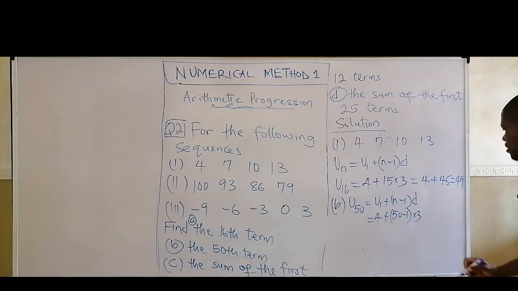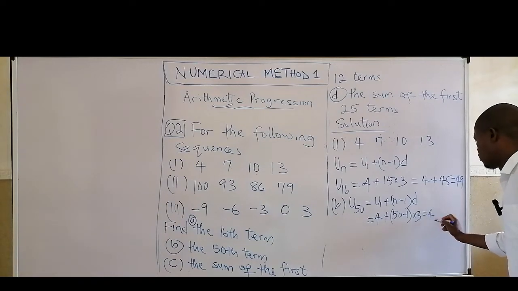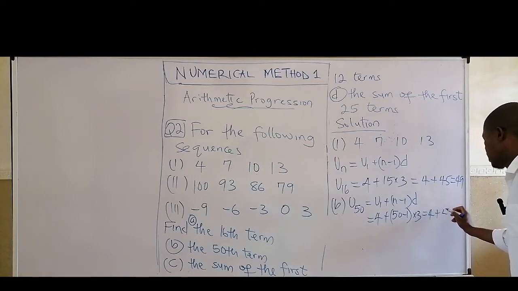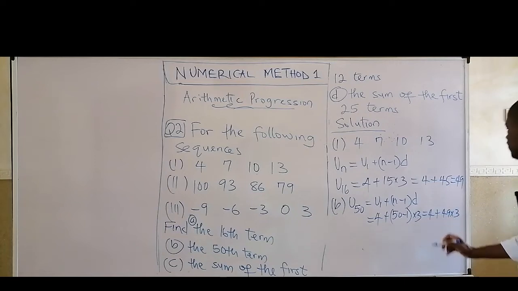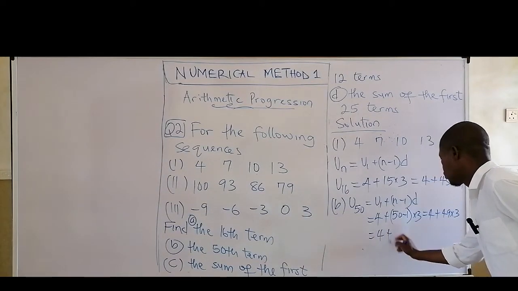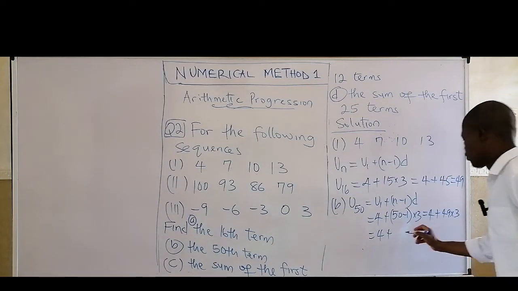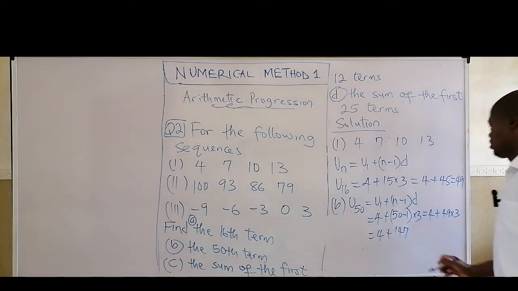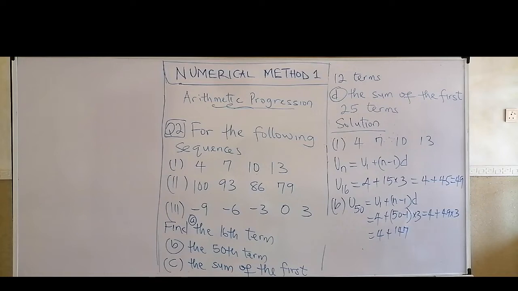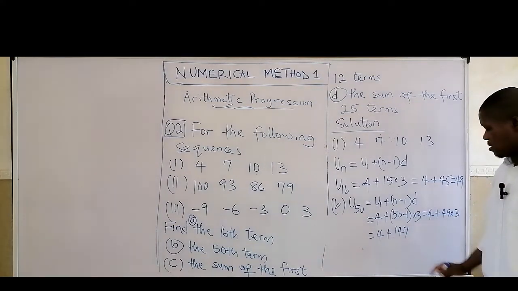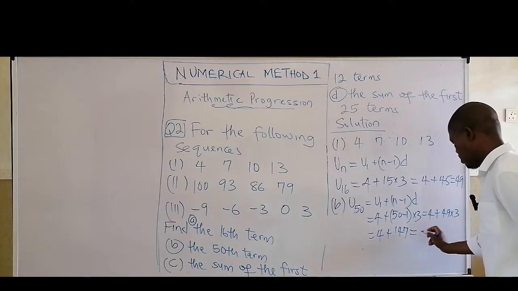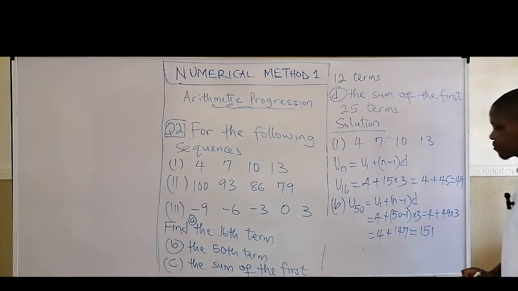That will be 4 plus 49 times 3. 49 times 3 is 147. So we add it together, we have 151.